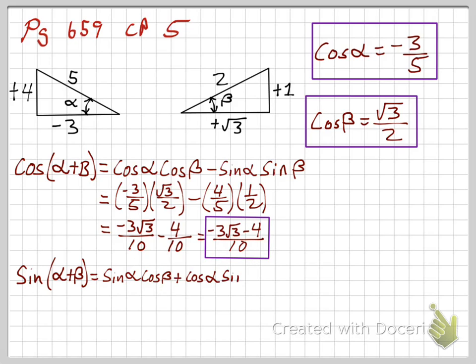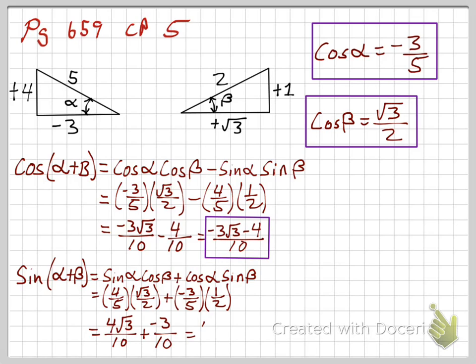Next part, exact same drill, just different formula. Substitute in the values, do the math, simplify. It's tough to do unless you've drawn those little triangles from your given information.